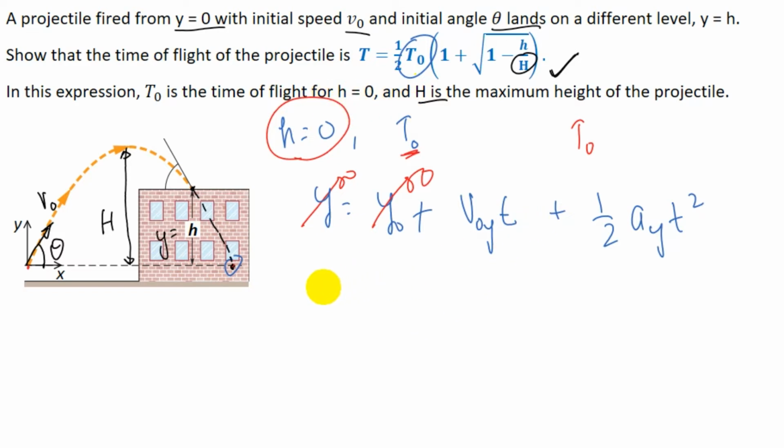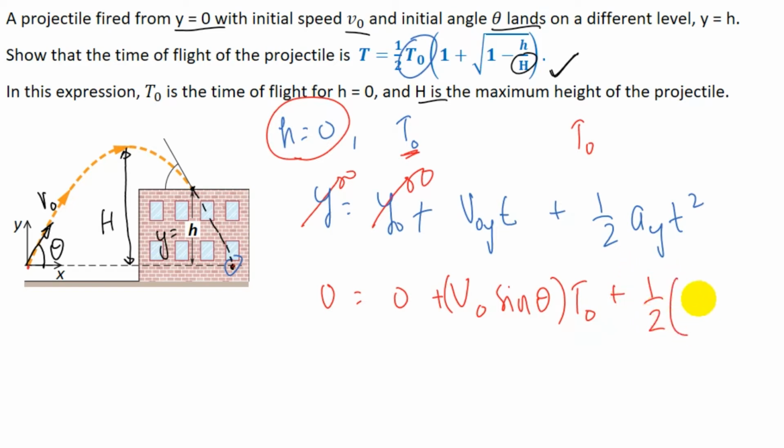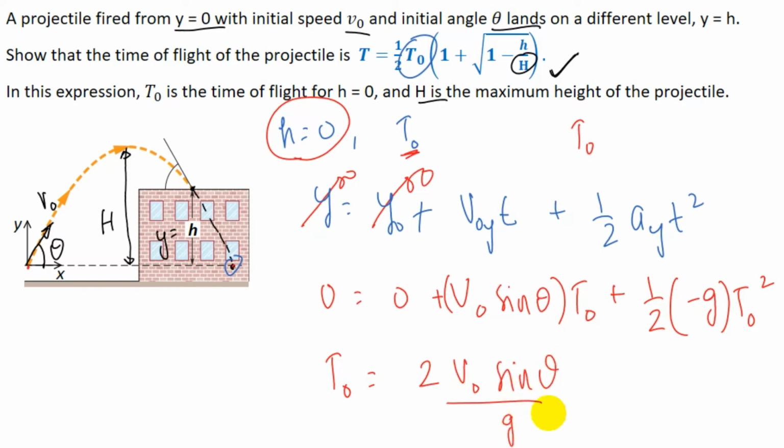So we can replace: 0 equals 0, and v0y is v0 sine theta, multiplied with t0, plus 1 over 2 ay, where ay is minus g, times t0 square. Now from here, the expression for t0 is 2 v0 sine theta over g. This is the time of flight for the projectile when it lands on the same level.